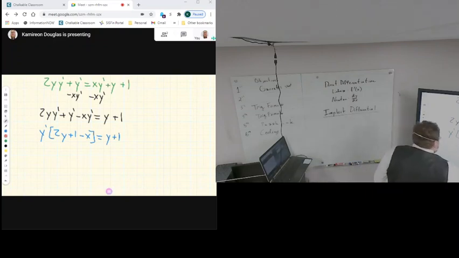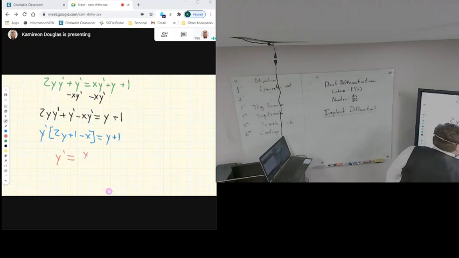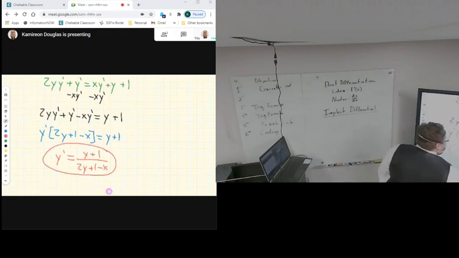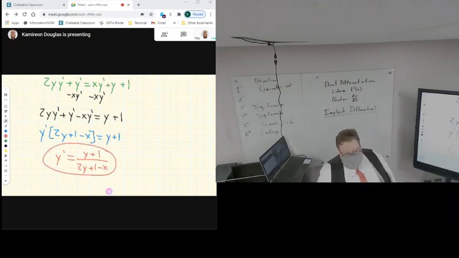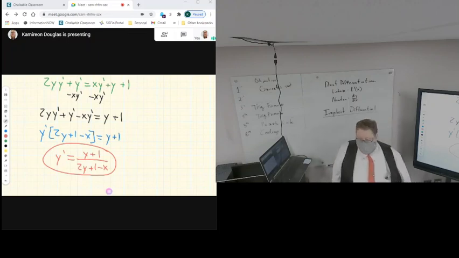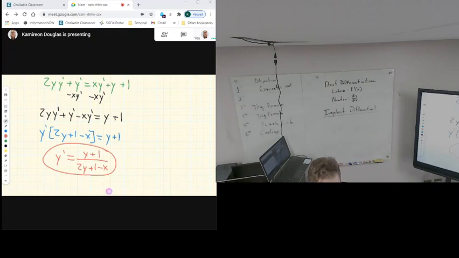Yep. I want to get y prime by itself, so I have to divide by everything else. I end up with y plus 1 on top over 2y plus 1 minus x. As weird as this seems, this is a derivative. It's a derivative where both x and y are allowed to change. Therefore, we have both x and y in the solution.